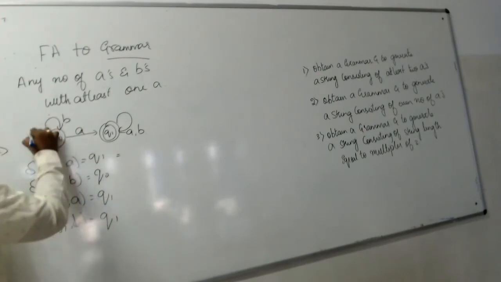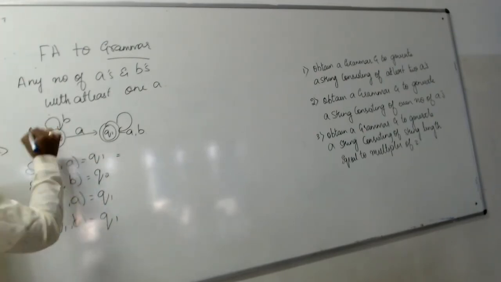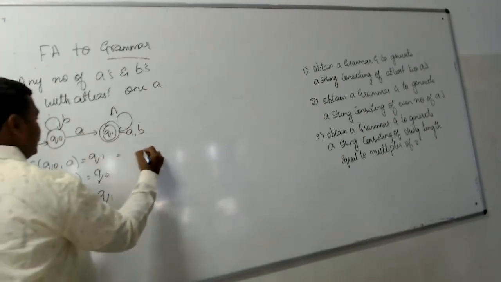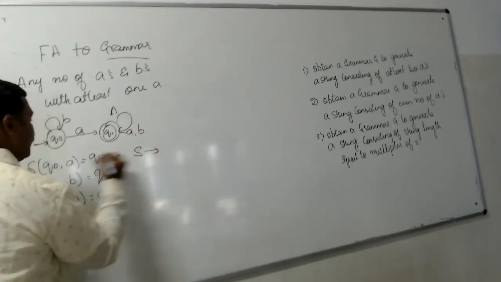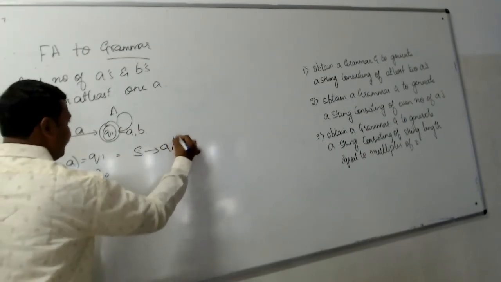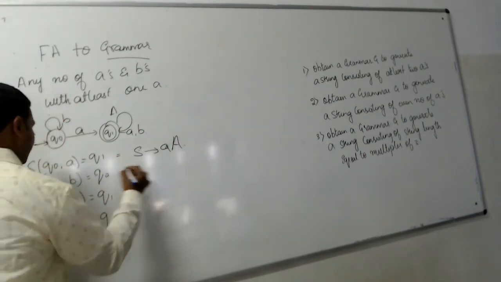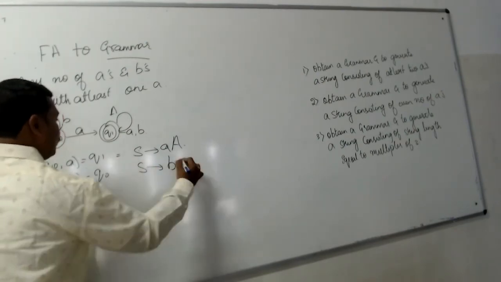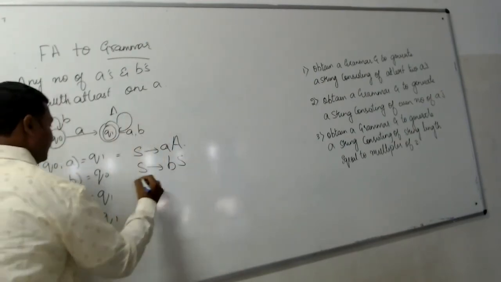So let me take this as S starting state and A. So Q naught is S. So S tends to A, capital A. Next, Q naught is S. S tends to B S. Yes. Next, Q1.